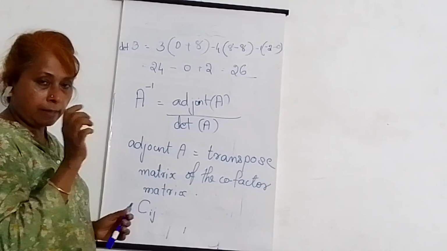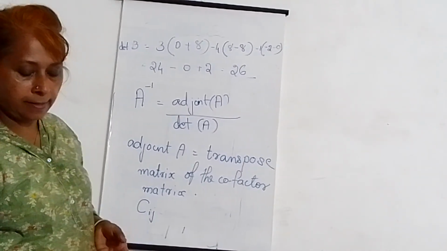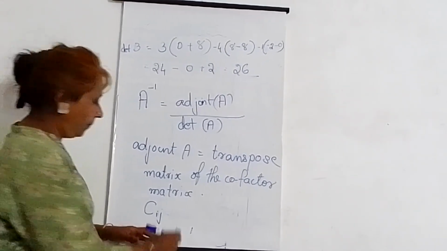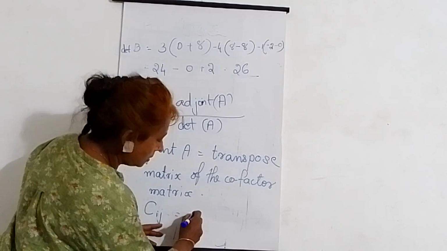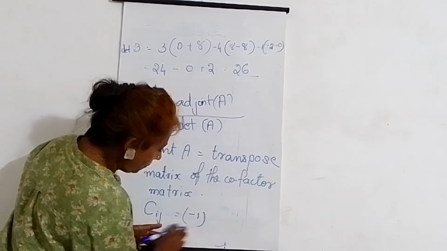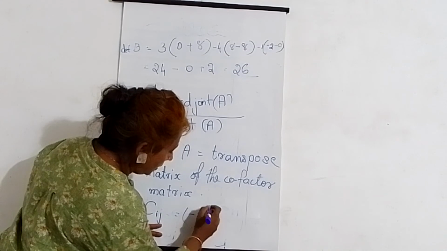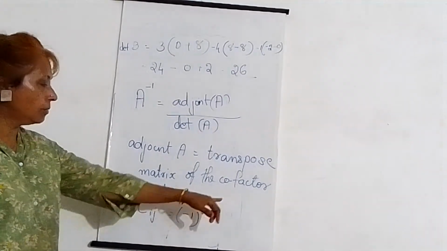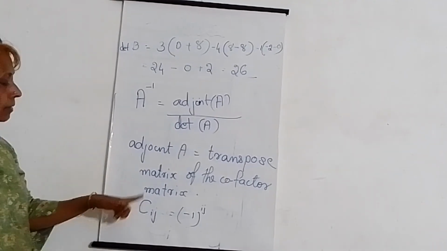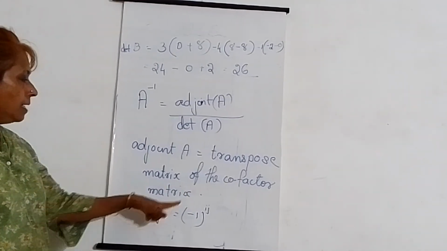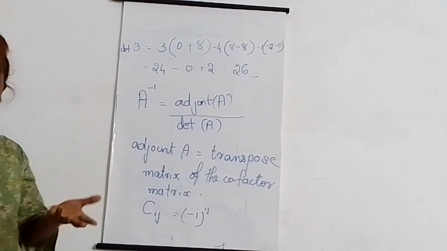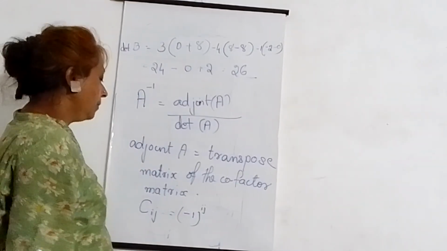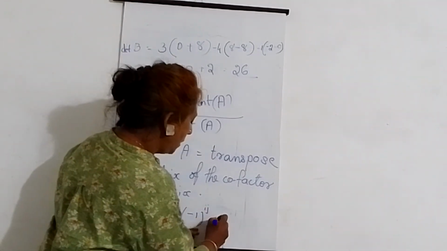The cofactor matrix Cij is equal to minus 1 raised to i plus j, which is how the sign comes, into the minor. We find the minor and then the value for each and every one.